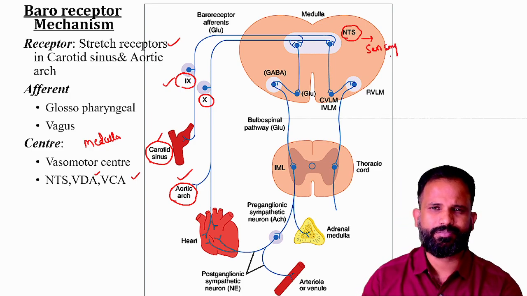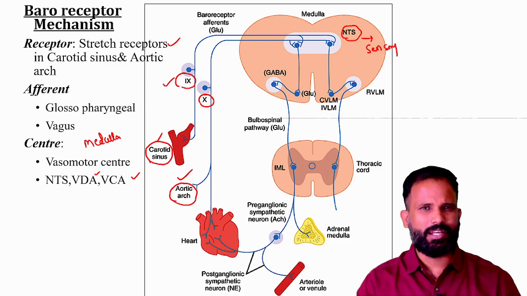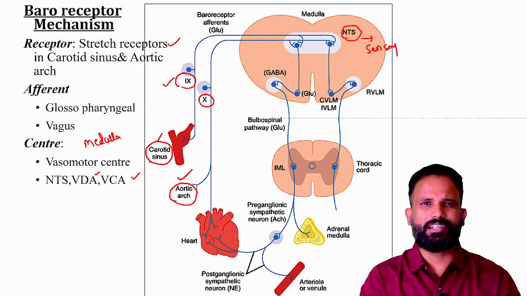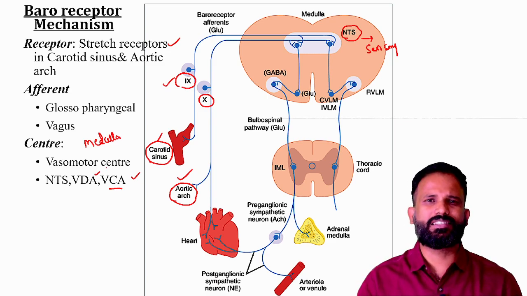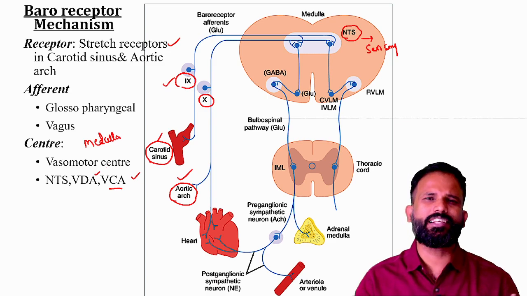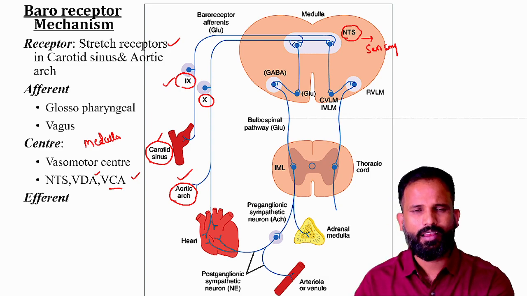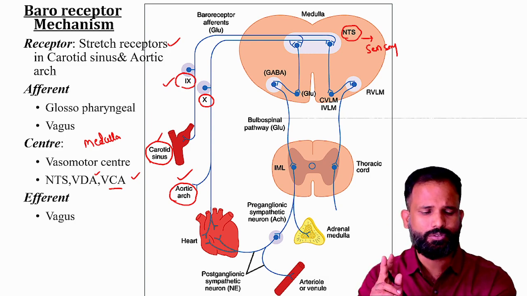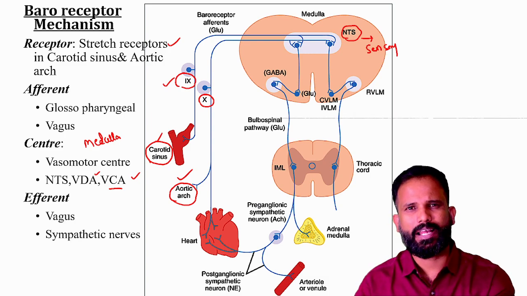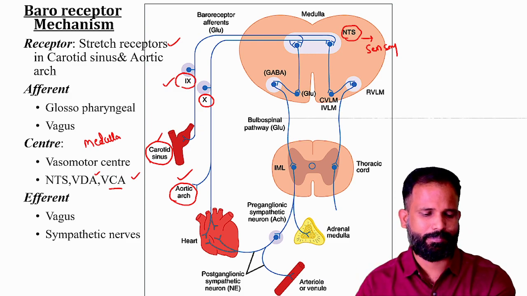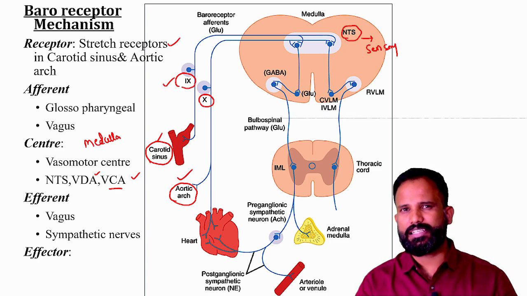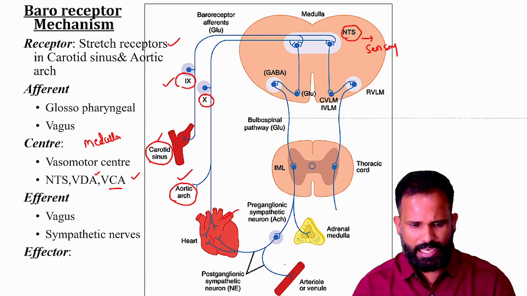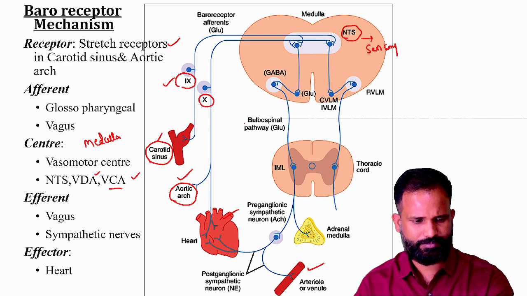It receives the information, and whenever it is stimulated, it inhibits the sympathetic tone, that is the vasoconstrictor area, and it stimulates the vasodilator area, that is parasympathetic tone. Efferents are through the vagus and sympathetic nerves of the thoracic segment. And effectors are two: one is the heart, two is the blood vessel.